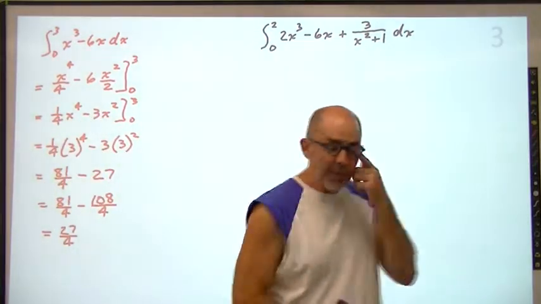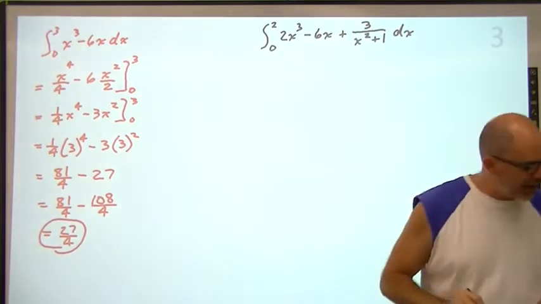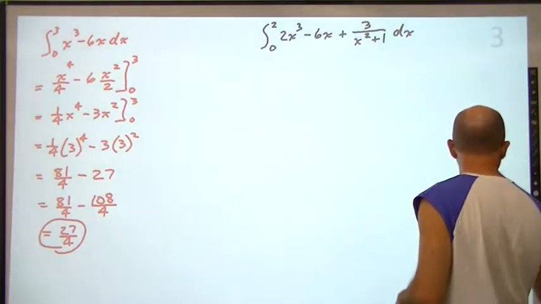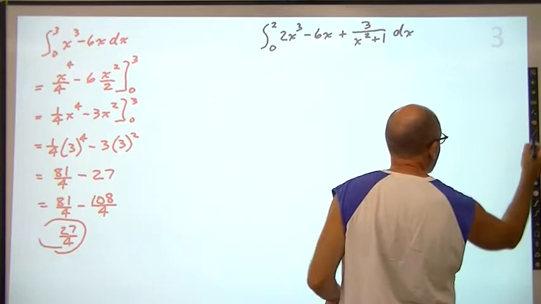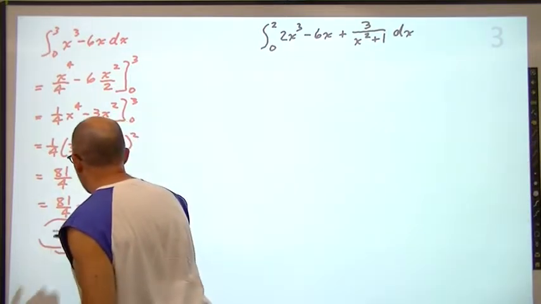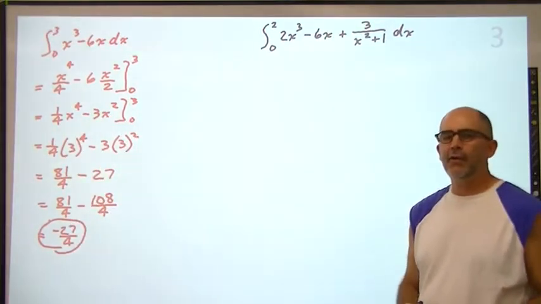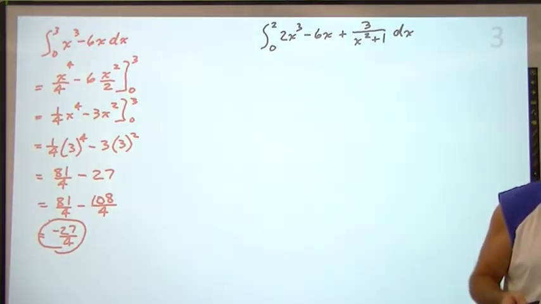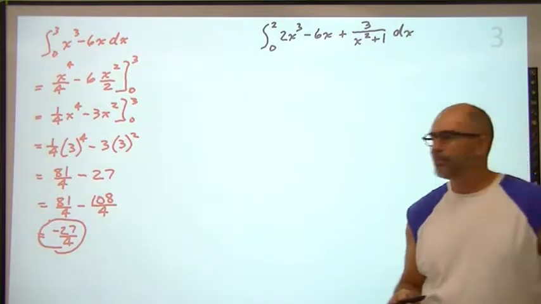Okay, so that would be my final answer, 27 fourths. Notice it's a numeric value. Whoops, I forgot. 81 minus 108 is a negative 27 fourths. We'll edit that out later. Okay, negative 27 fourths, and that would be your negative 6.75 if we want to put that in decimal.